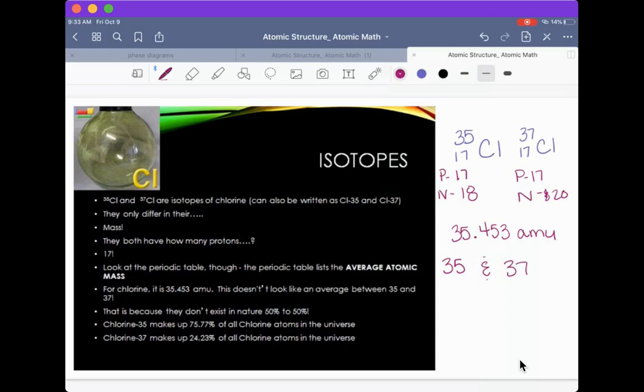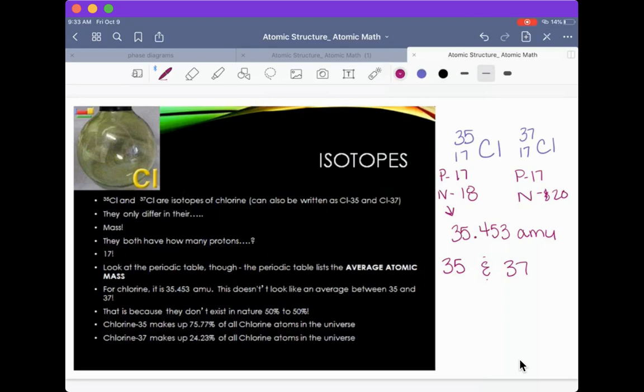One of the things you can do is easily look at the average atomic mass on the periodic table and determine which is the more abundant isotope by doing some brain math. If I look at 35.453, I can tell that 35 must be counted more often, because that number is closer to the average atomic mass.